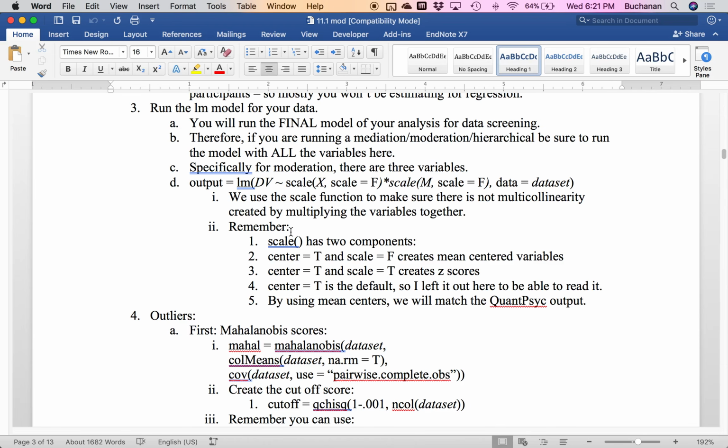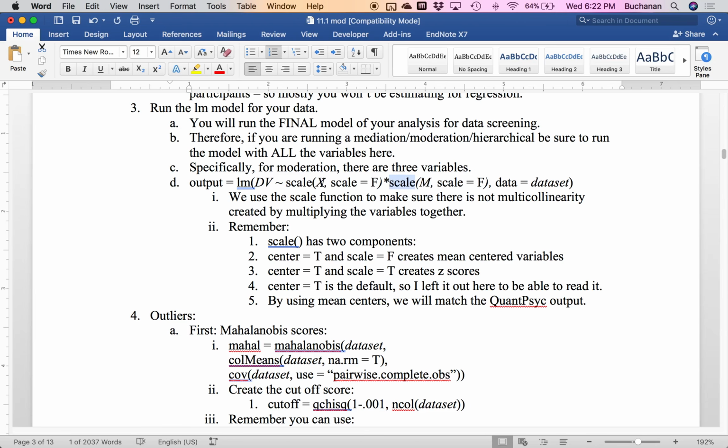And so we need all of the variables here. So what we're going to use is the LM function for linear model for regression. DV is predicted by, check out this bad boy, scale here. That scale function is going to do the centering. Be sure you use scale equals false. We'll get there in 2 seconds. On scale again, turn that one off.